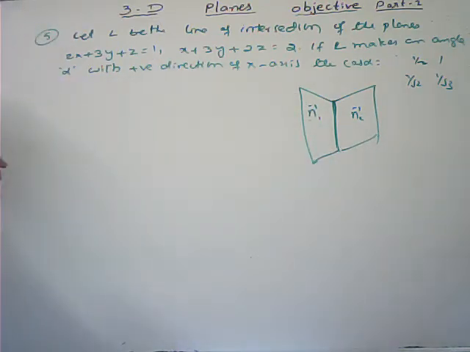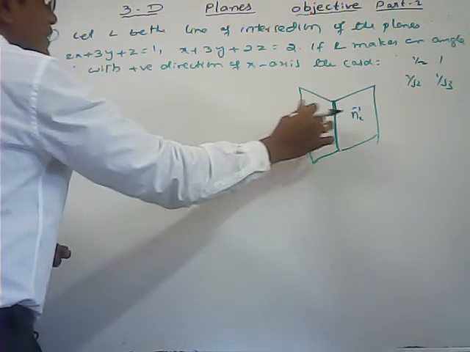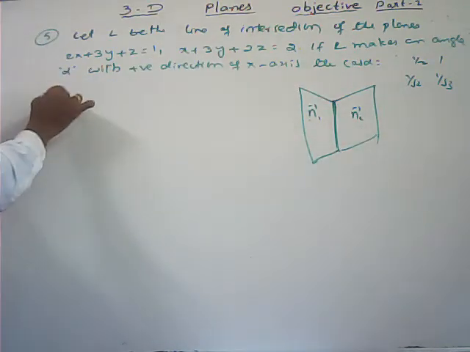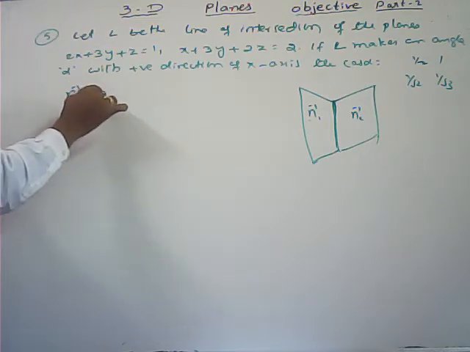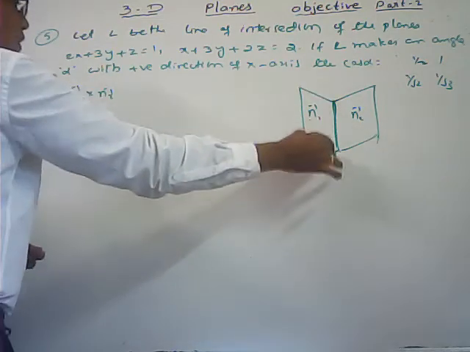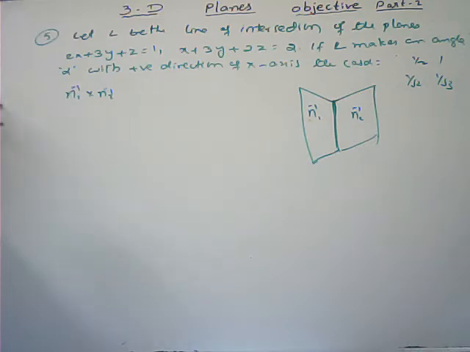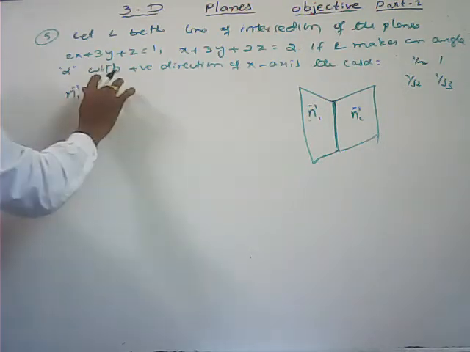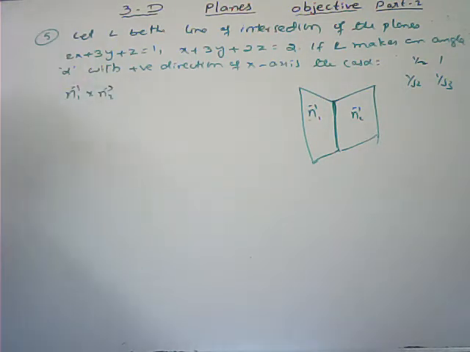The vector perpendicular to both n1 bar and n2 bar is nothing but their cross product. So first we can find n1 bar cross n2 bar, we can get the DRs of this line. Why? Because that line of intersection is perpendicular to both n1 bar and n2 bar.